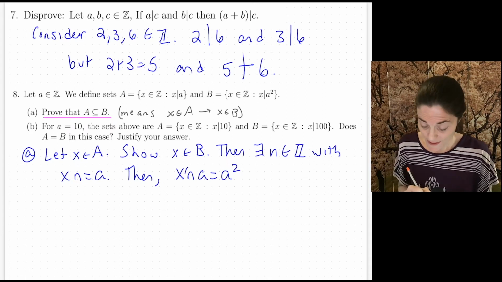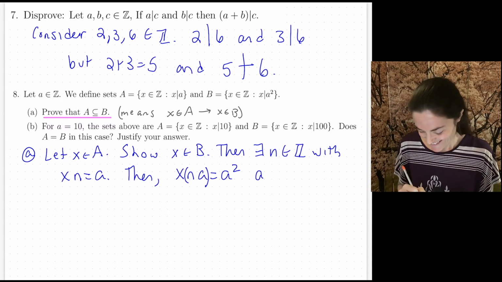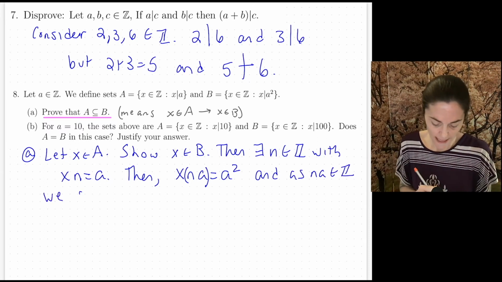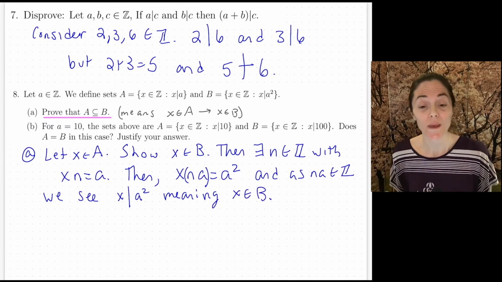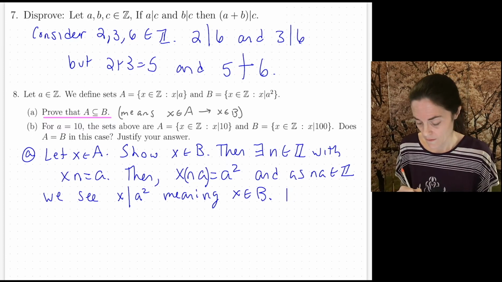And I can put parentheses like this. na is an integer. We see that x divides a squared, meaning that this little x is an element of B. So we have proven part A. This is the end of part A.